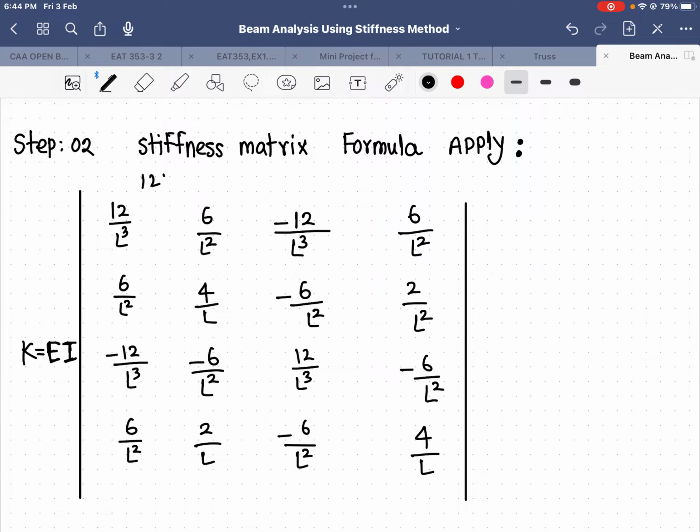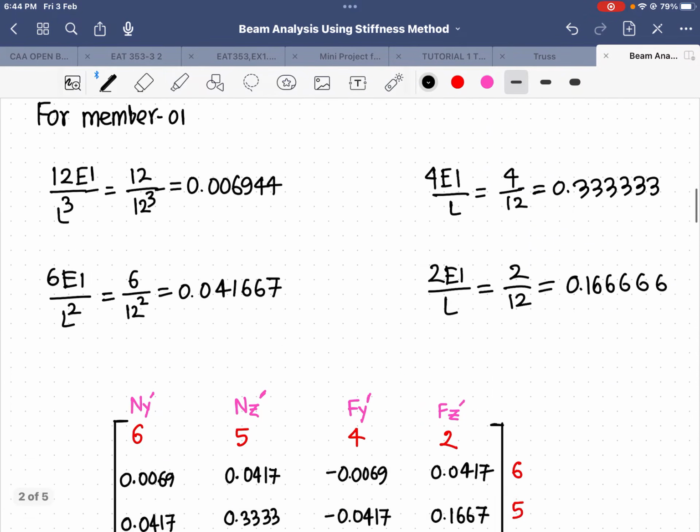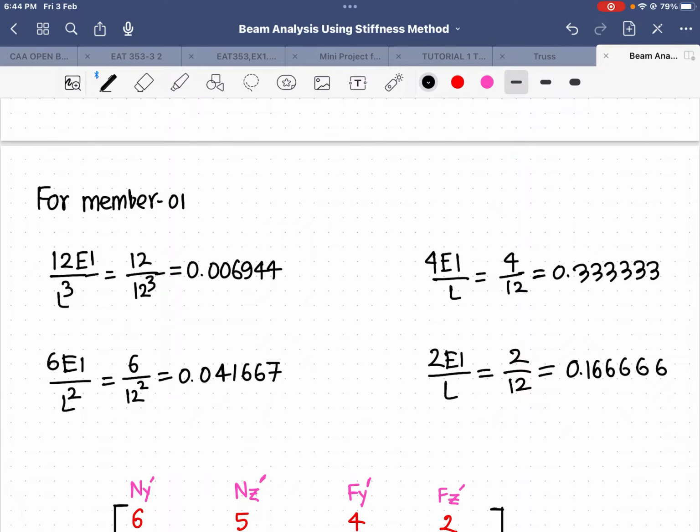What I did is I take the EI in here. This is a sort of matrix function we are applying. Then we just find the values for member 1.